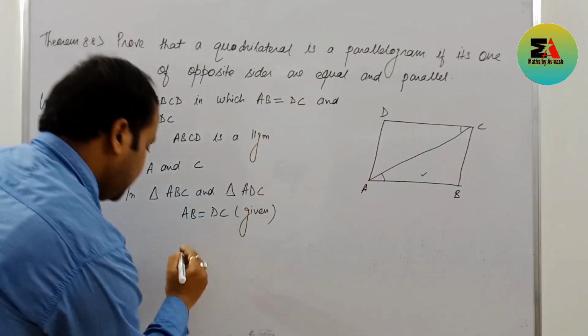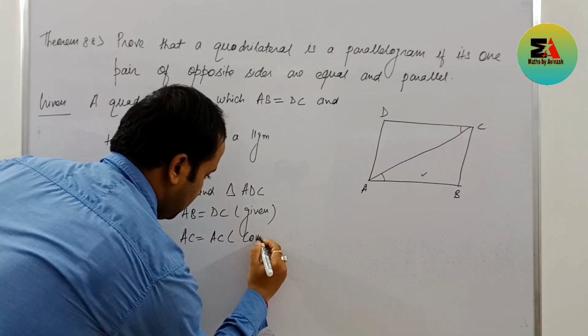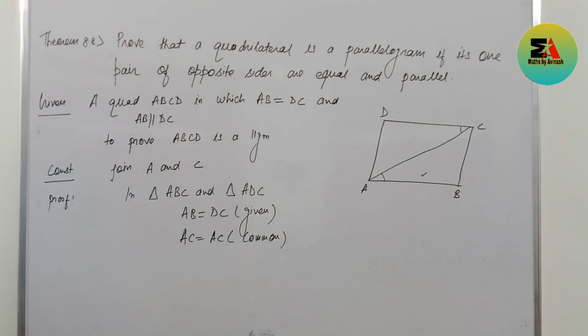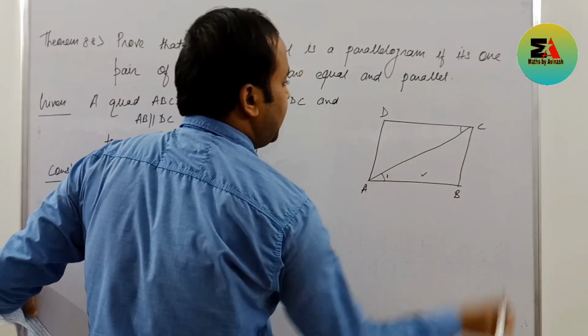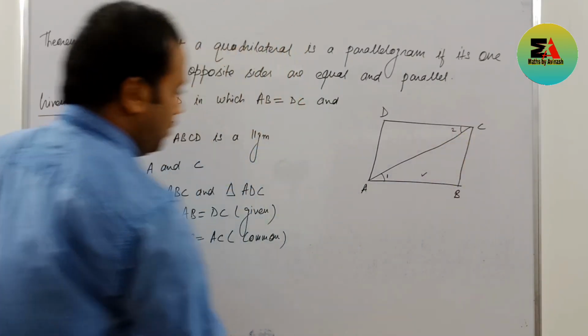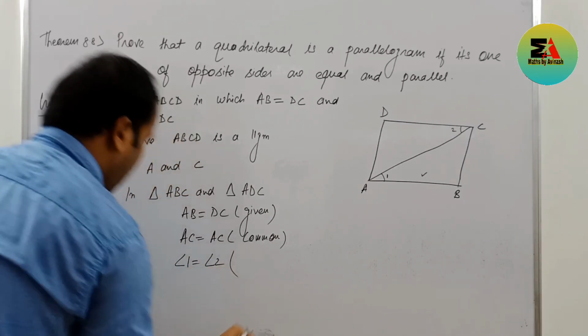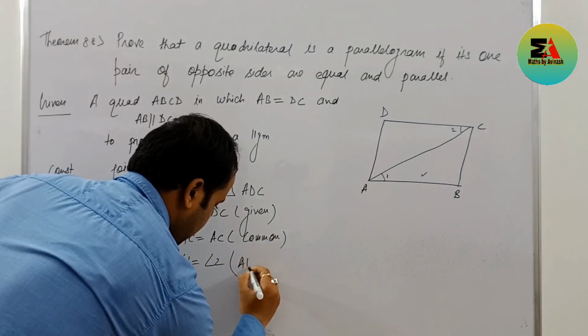AC equals AC, this is the common side in both triangles. And angle BAC, this one is represented by 1, and this angle is represented by 2. So you have to write angle 1 equals angle 2. Why? We know that they are alternate interior angles.